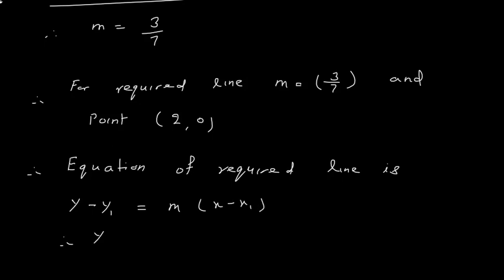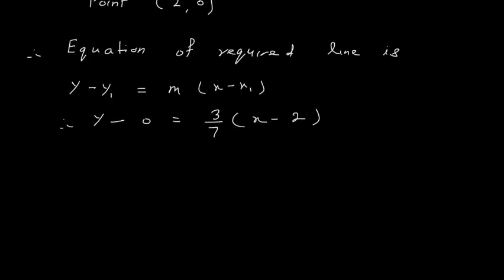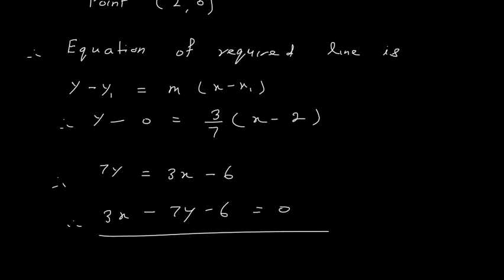Therefore here we have y - 0 = (3/7)(x - 2). So 7y = 3x - 6, therefore 3x - 7y - 6 = 0 is the required equation.